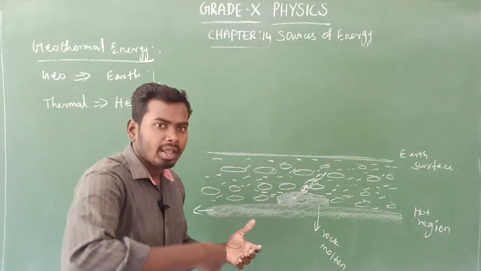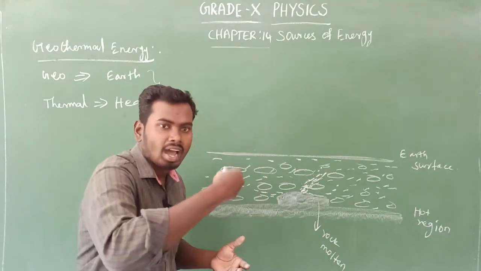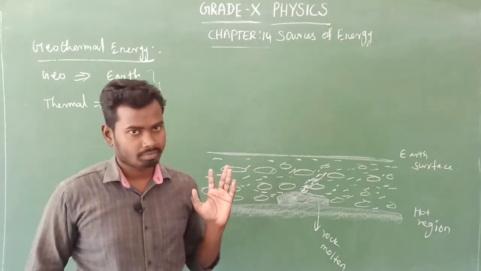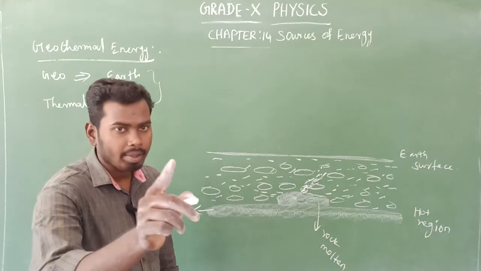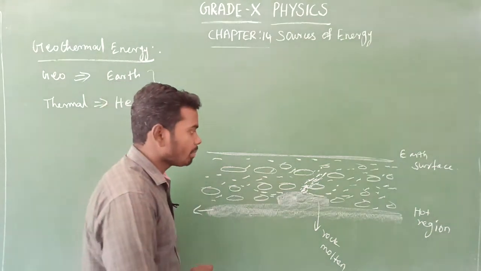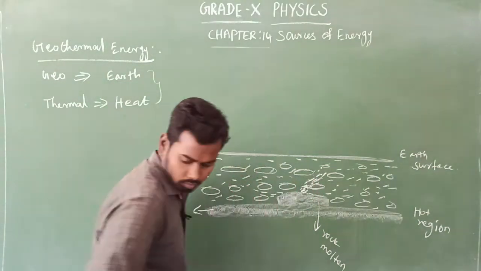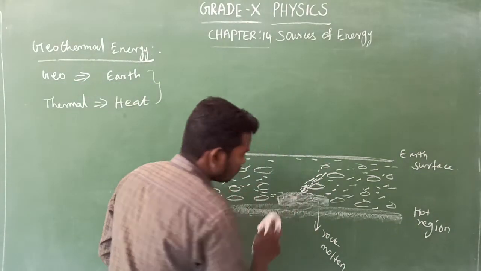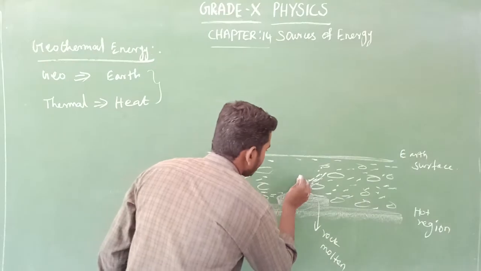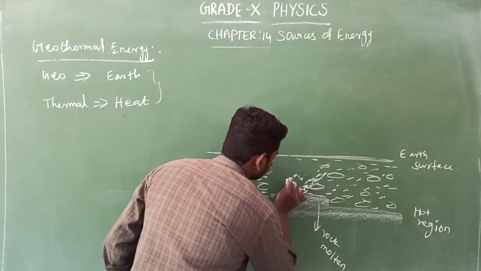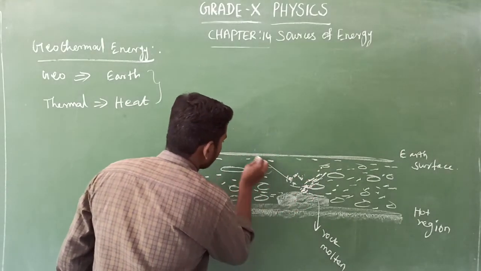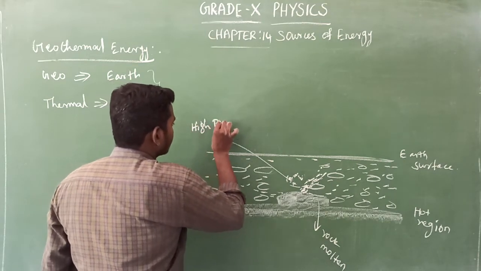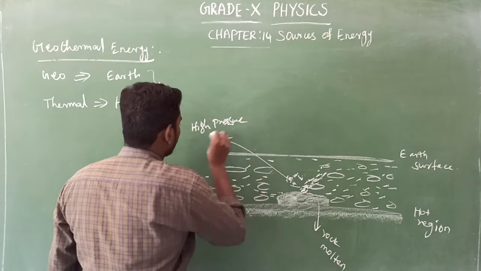So as the temperature increases again and again, this water vapor undergoes high pressure. Am I right or wrong? Yes, undergoes high pressure, isn't it? So here, I'll rub that. The water undergoes high pressure here. So this is high pressure water vapor.